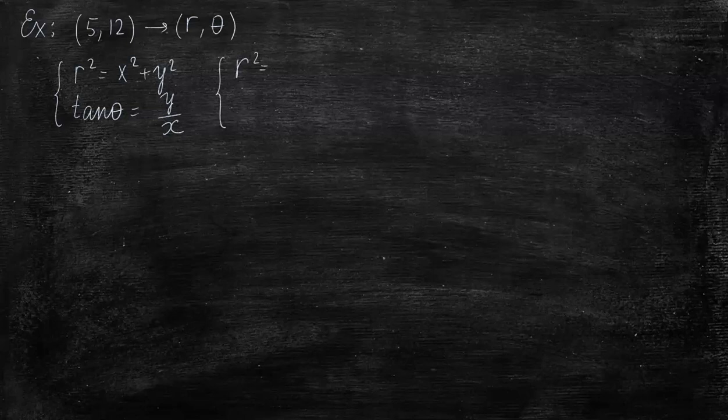So the first equation will give us a simple quadratic equation, and the second one will give us a simple trigonometric equation, and solving it will give us the following answers.